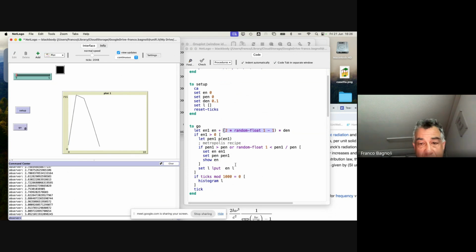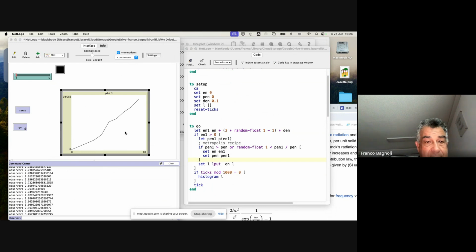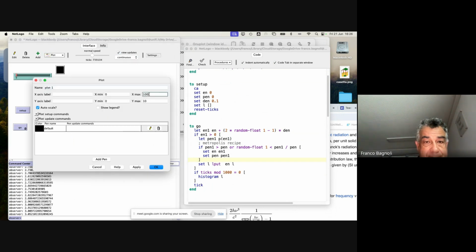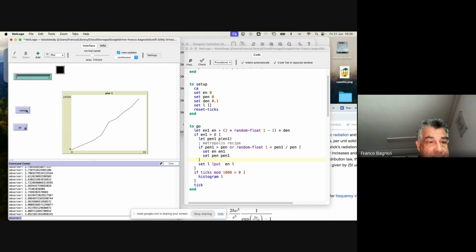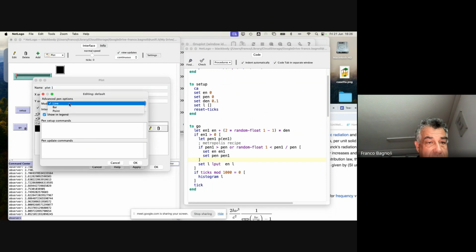Now we can remove the show. It increases too much. But maybe it is just the limit. We have also to change this to bar.